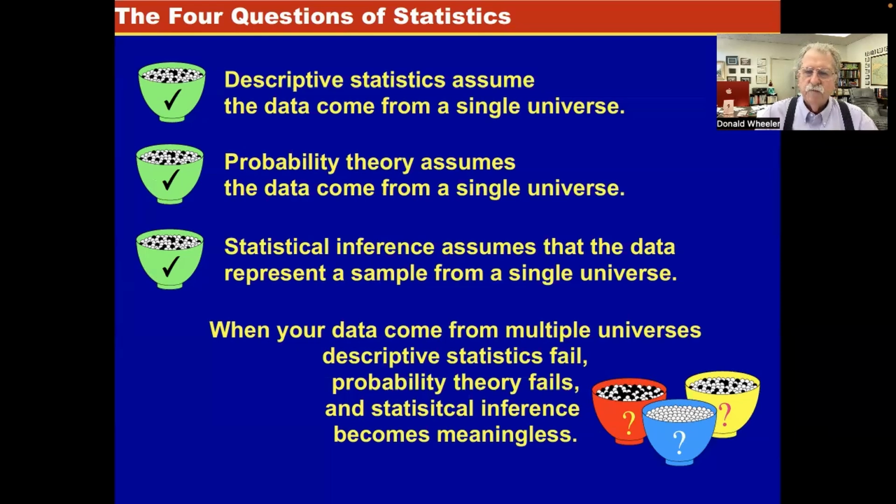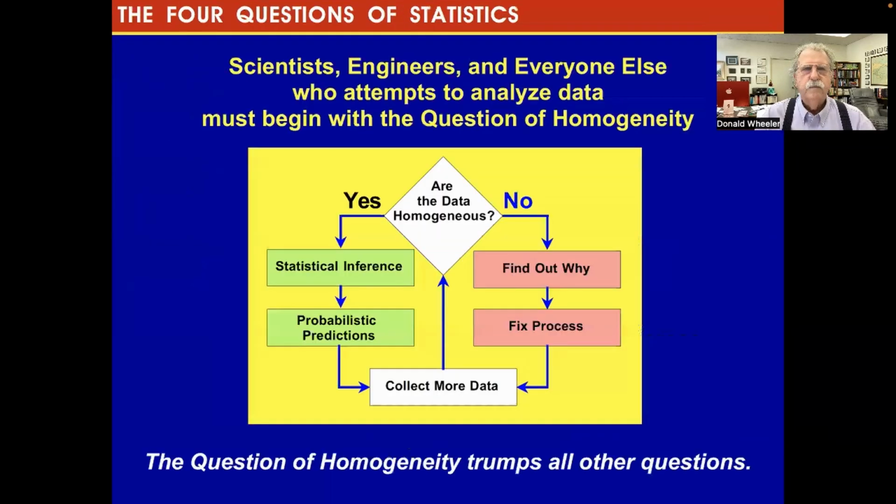When your data come from multiple universes, descriptive statistics fail, probability theory fails, and statistical inference becomes meaningless. So scientists, engineers, and everyone else who attempts to analyze data must begin with the question of homogeneity. Are the data homogeneous?